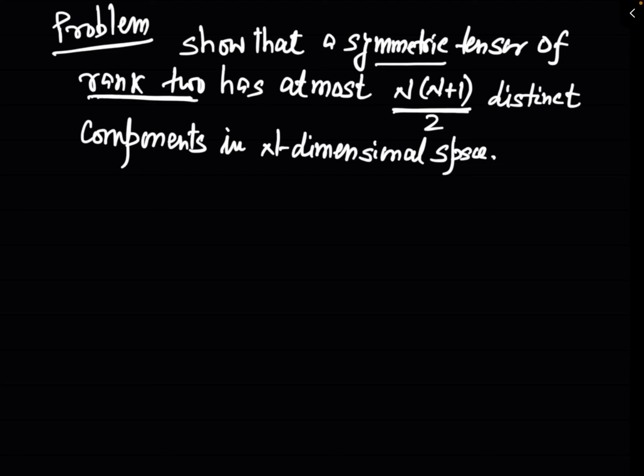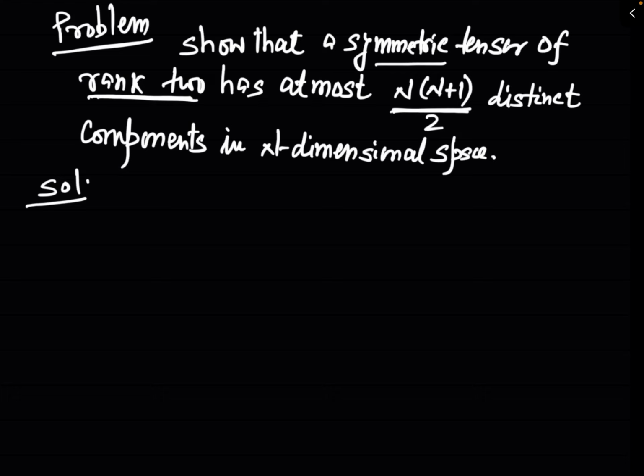So let us solve this problem. After the solution you will get the idea of how we can find the total number of independent components. And once you know the total number of independent components, you can also find the total number of dependent components.